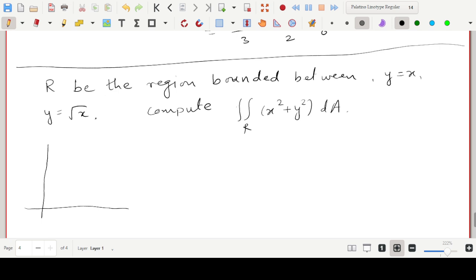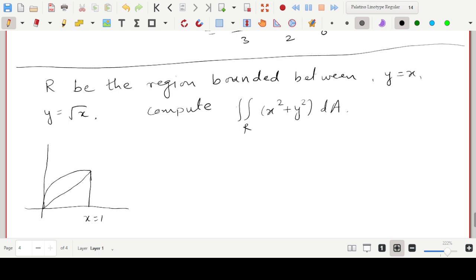Now let us draw the line y equal to x, which passes through the origin and has slope equal to 1, and y equal to root x is the same as x equal to y square, so it's a parabola of this sort, and they will exactly intersect at x equal to 1.